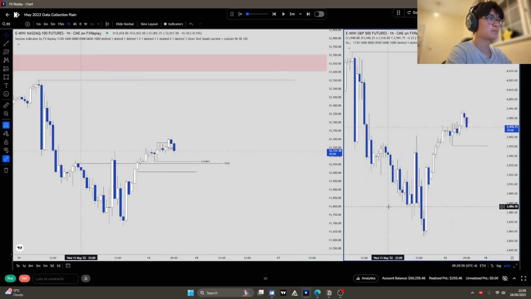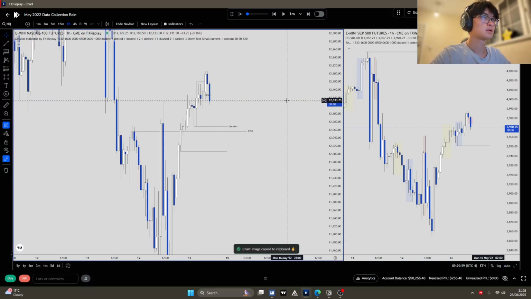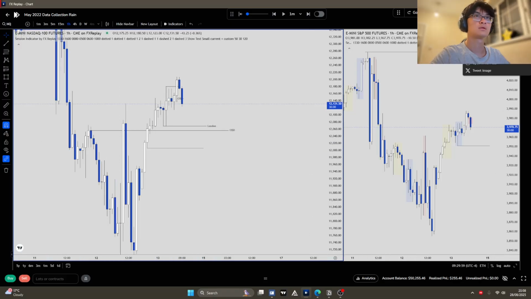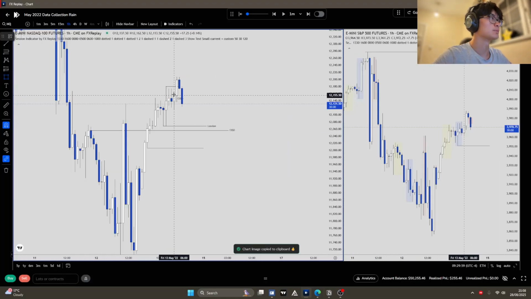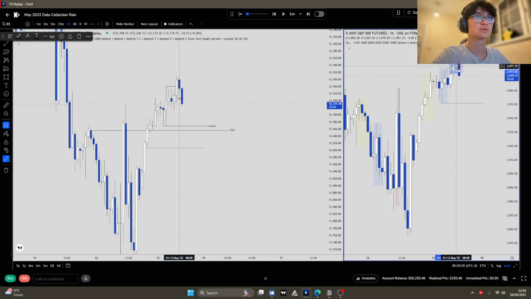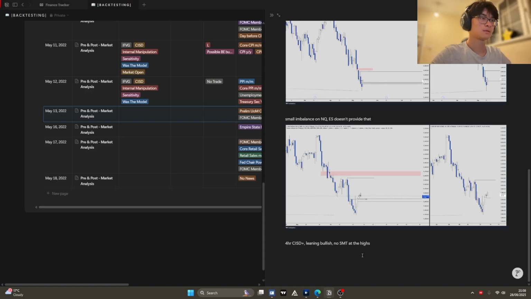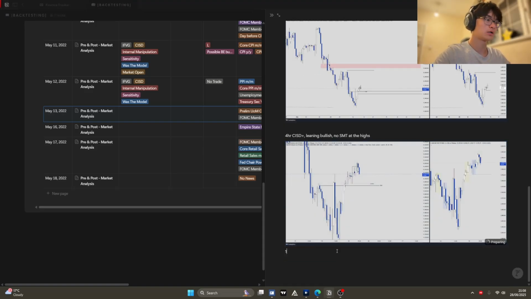Let's go with the hourly. We'll actually mark out this hourly fair value gap here as well, although I don't expect that to hold at all. One hour, busy. Looking like we went through it though.